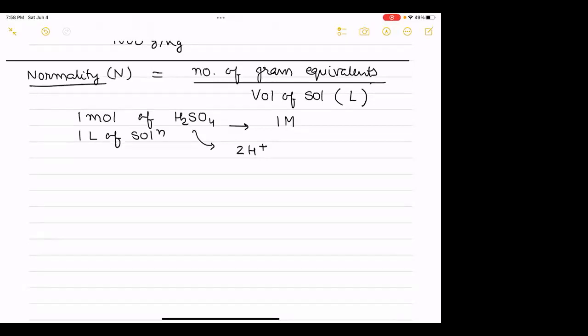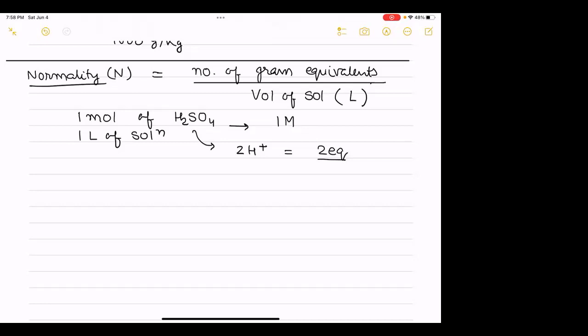So it is actually 2 equivalents. If we work only by moles in H2SO4, sometimes we need to be very careful. We need to take into account that this 1 mole will give 2 moles of H plus ions, and accordingly we have to do the calculation.